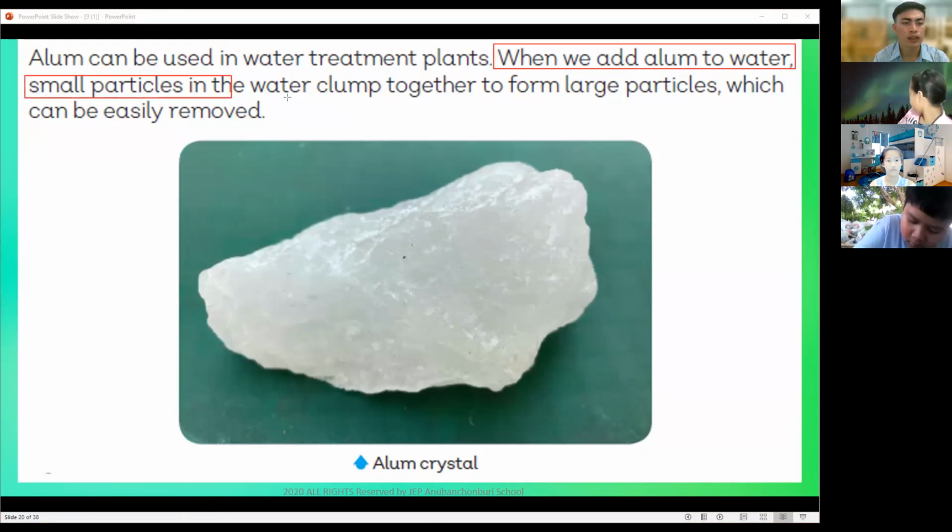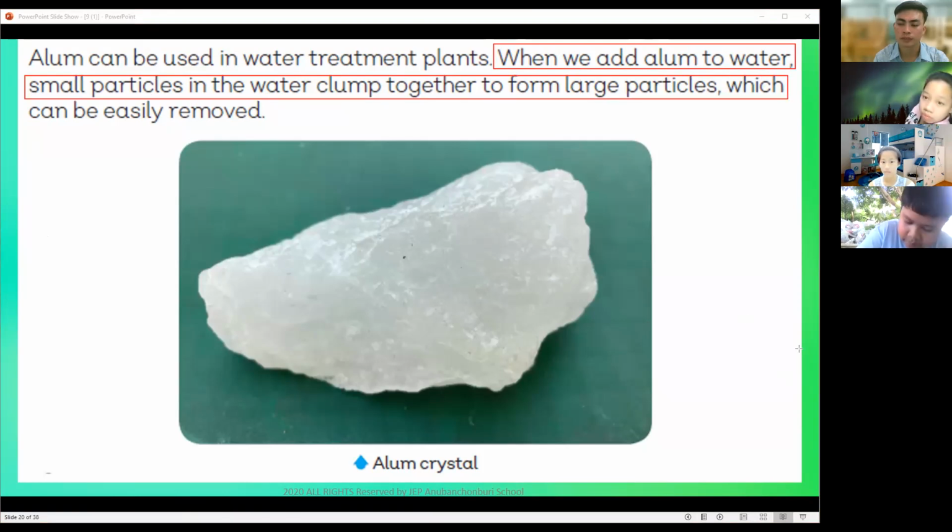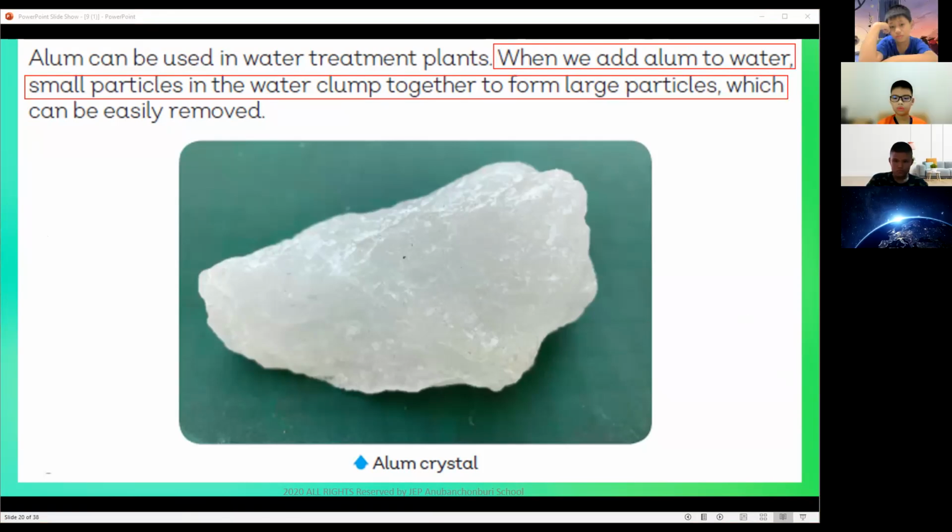The small particles in the water clump together to form large particles, and can be easily removed. All right. So highlight this one in your book. Parinia, can you highlight this in your book so that it will be easier for you to study?